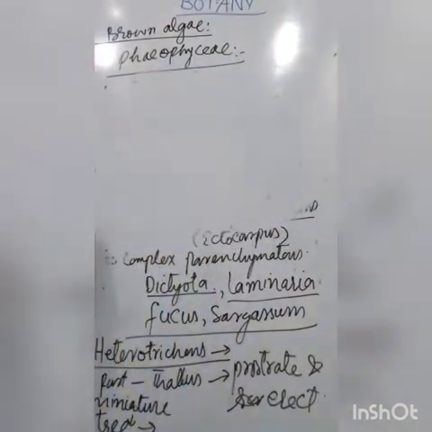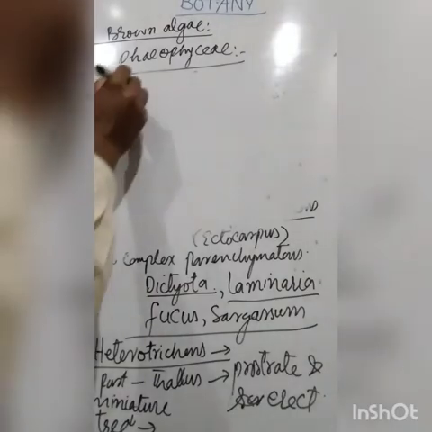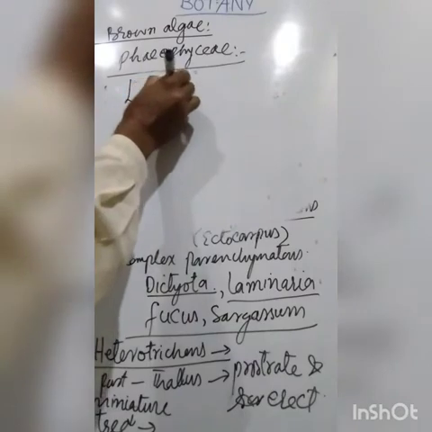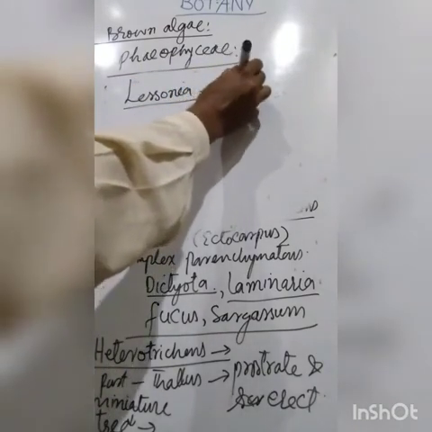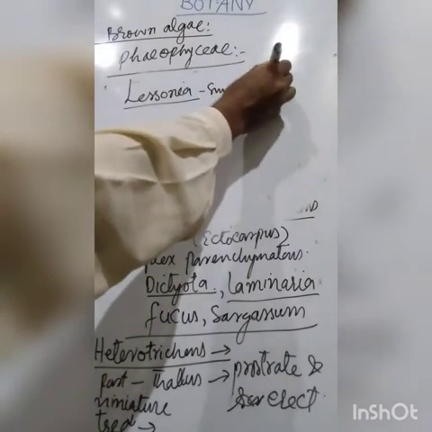We call that Lessonia, L-E-S-S-O-N-I-A. It is not a tree, but it looks like a small tree.